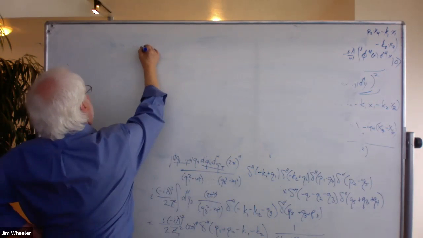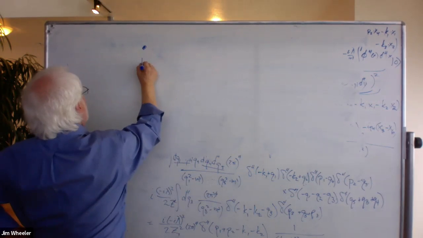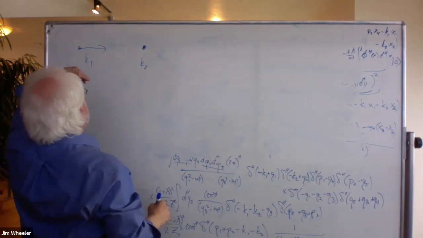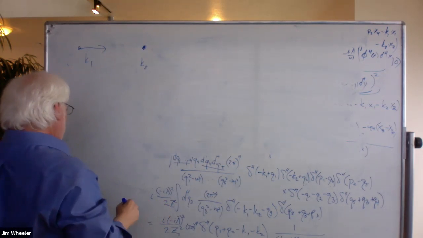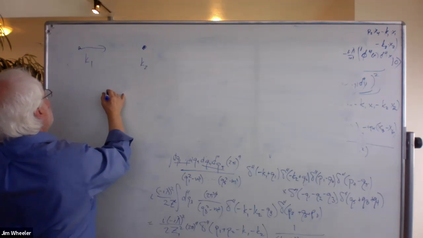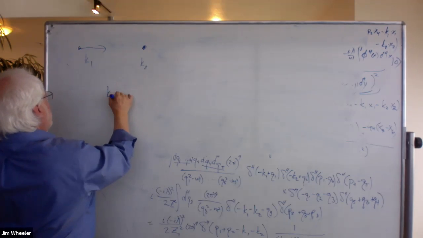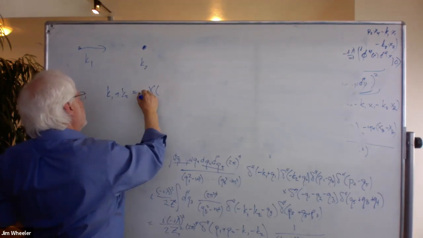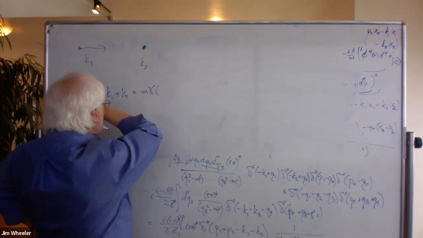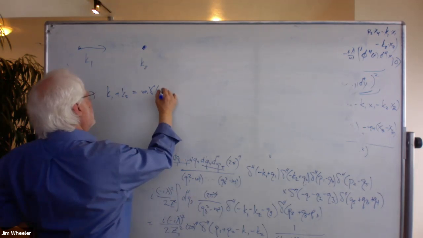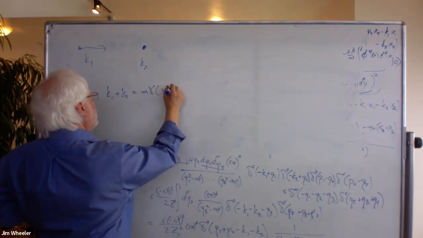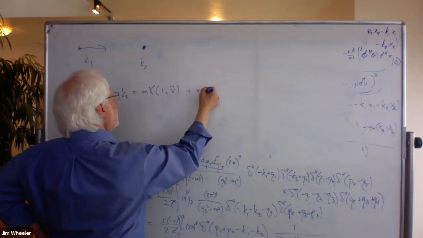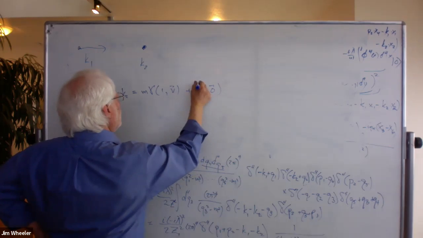So if I have a particle at rest, say K2, and K1 is coming in this way, then the total momentum, K1 plus K2, is M gamma, let's see, 1 B plus M 0.